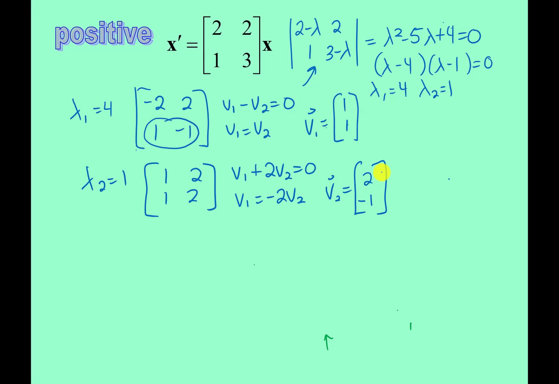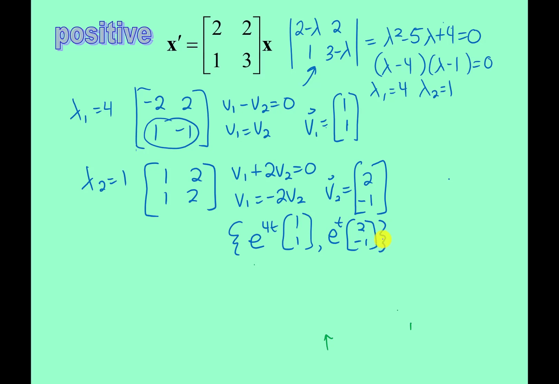All right, so we will build our solutions by taking e to the first eigenvalue t times the first eigenvector. The second building block for our solution would be e to the second eigenvalue t times the second eigenvector.